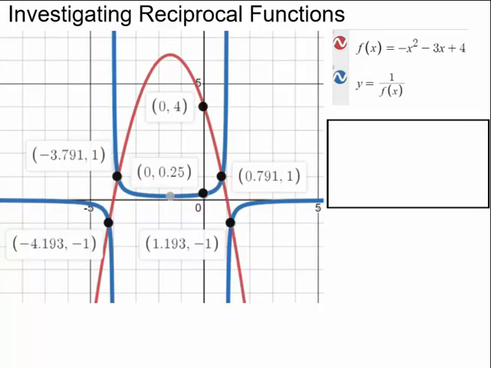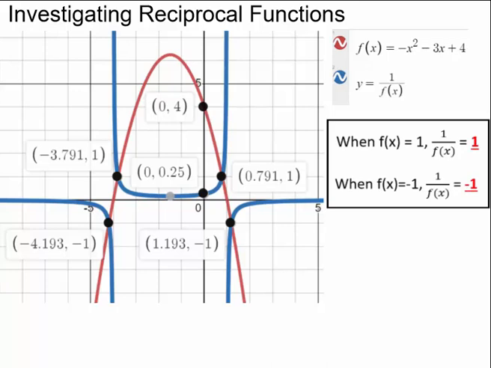Last key points, and I thought this was the easiest way to show these. Basically, if you look at the intersection points here for our two graphs, what we'll see is the y values in all cases are either 1 or -1.